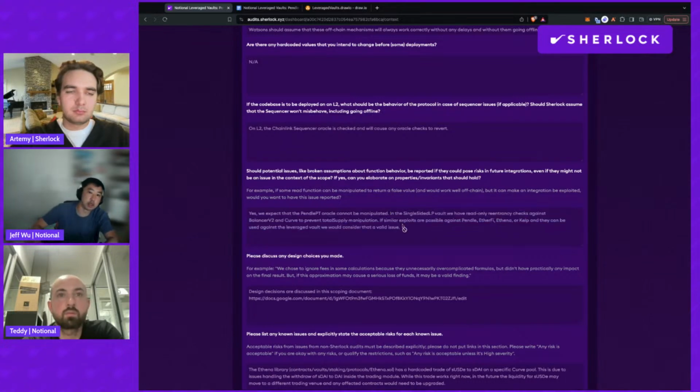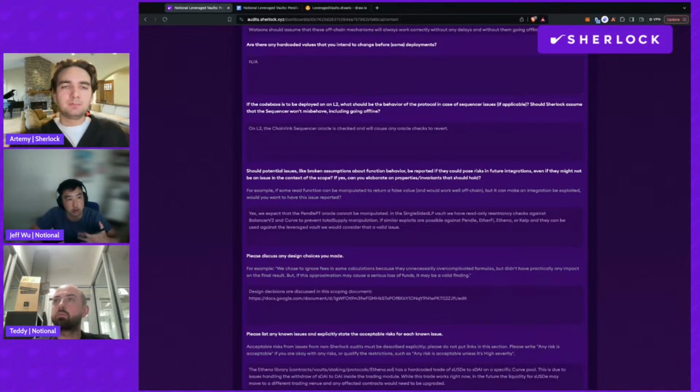Something not in scope is the single-sided LP vault, but within those we have these read-only reentrancy checks against Balancer V2 and Curve. Those protocols are vulnerable to this read-only reentrancy type attack with total supply manipulation.